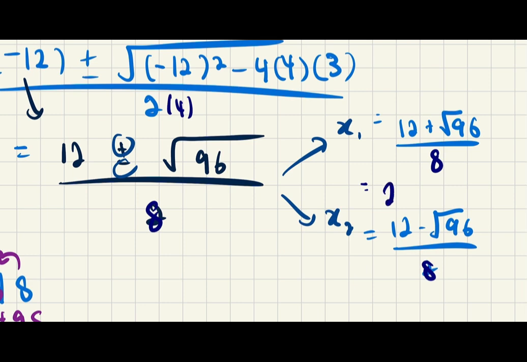You will get 2.725. And then here you will get 0.275. Okay? Actually, there's another significant figure. 12 minus square root 96 over 8. So you will get 0.2752.